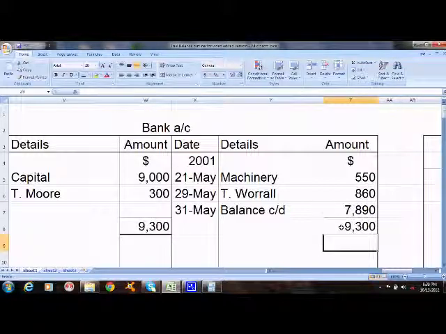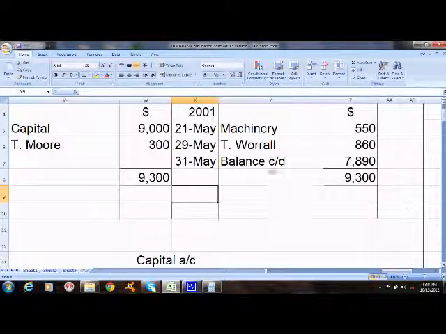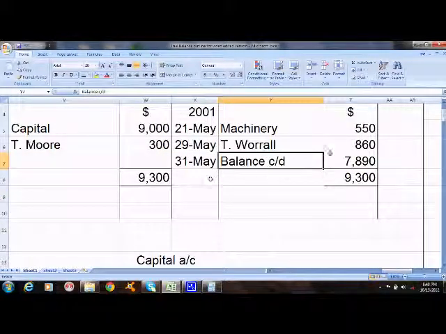Alright, now the next stage is to enter the balance on the line below the totals. The balance below the totals should be on the opposite side to the balance shown above the totals. So this balance CD will come, this amount will come on the opposite side.